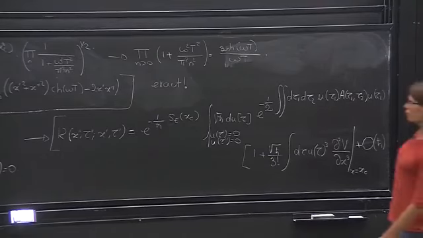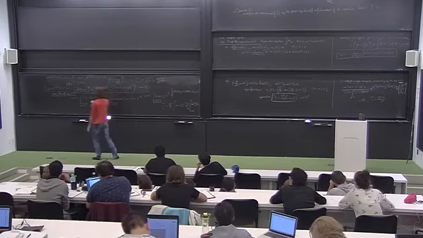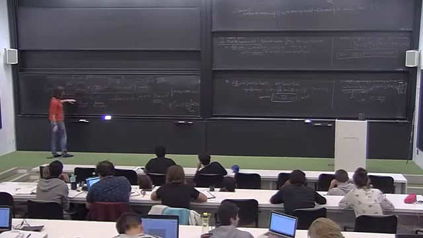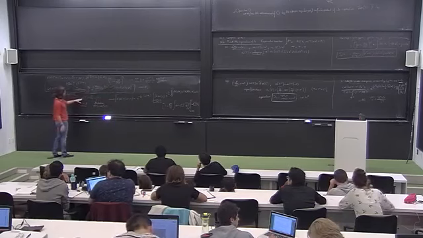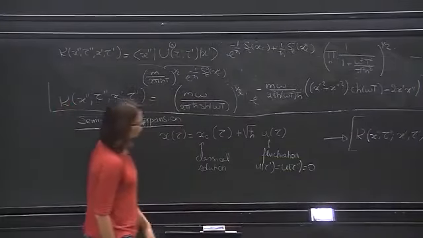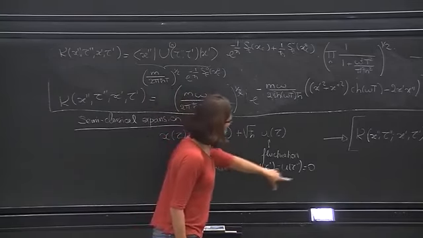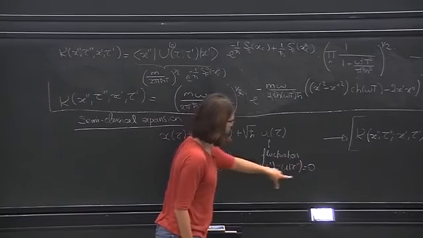So usually also what you can see, to convince yourself a bit, is that instead of just looking at a perturbation, you could say that all paths could be written as the classical solution plus another path, let's call it y of tau, which will satisfy the same boundary condition.